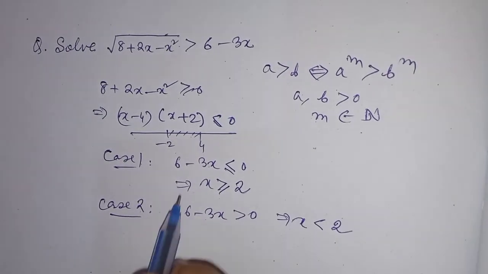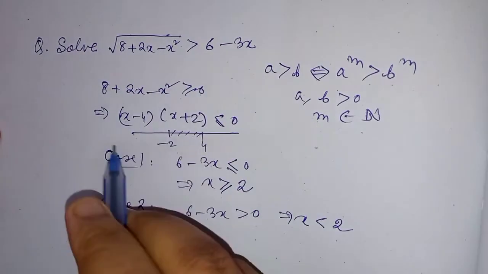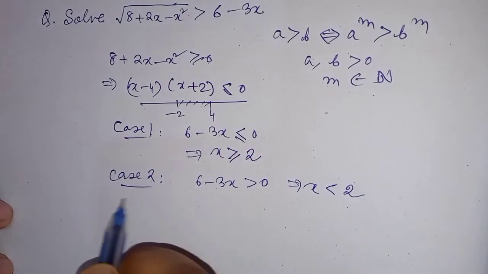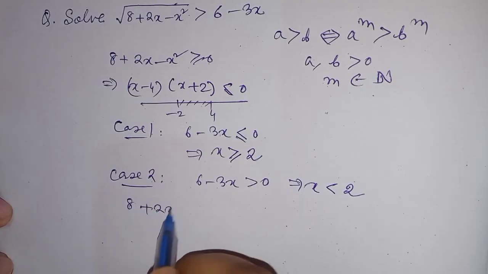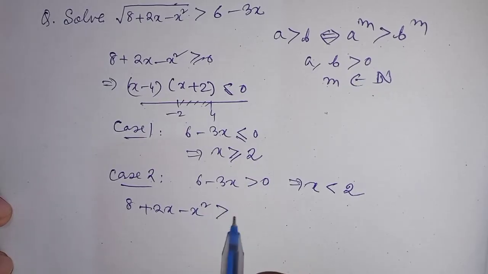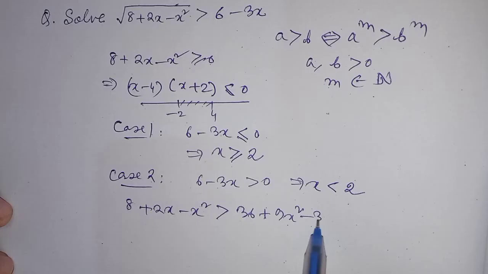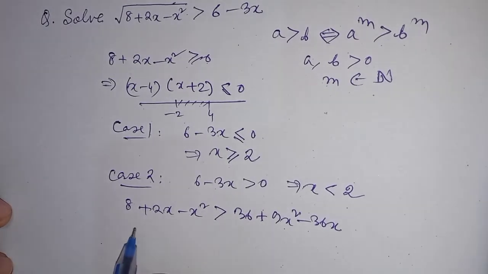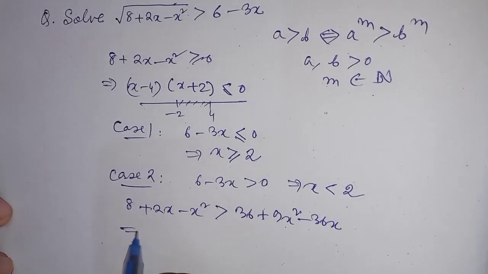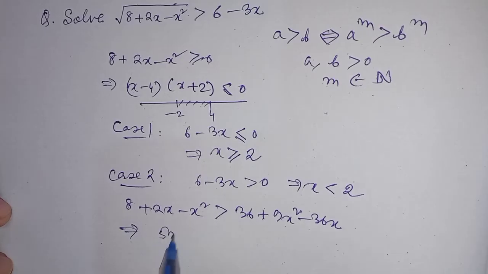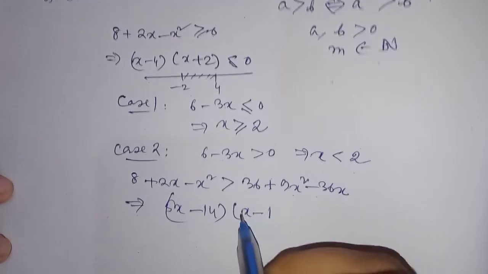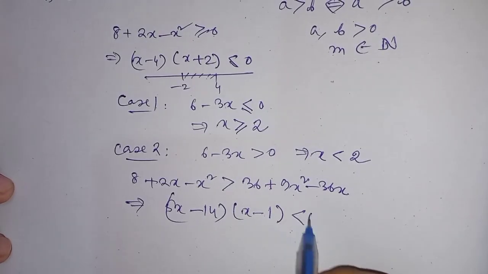When that is the case, then these two are positive and we can square both sides. So squaring both sides, we will get greater than 36 plus 9x square minus 36x, right? So simplifying this, we will get 5x minus 14 into x minus 1 less than 0.